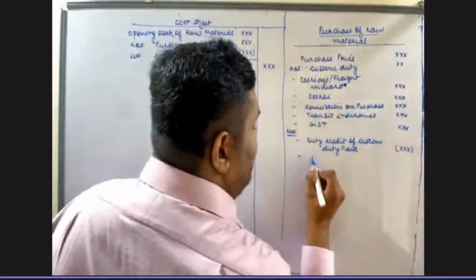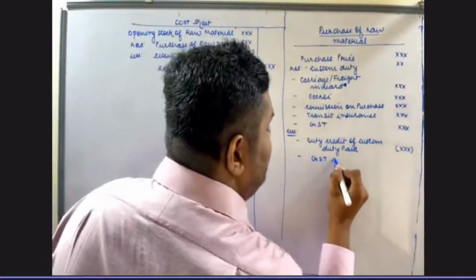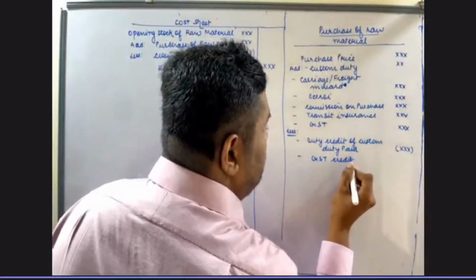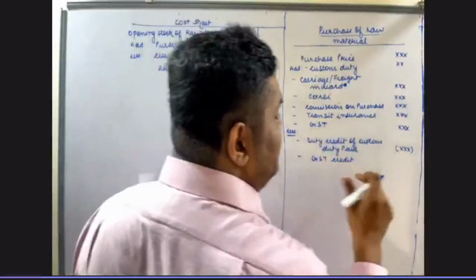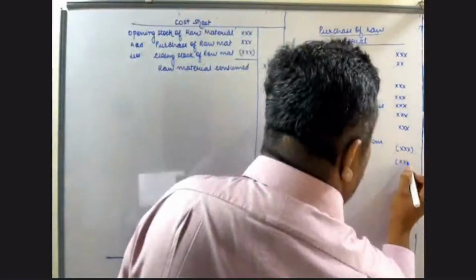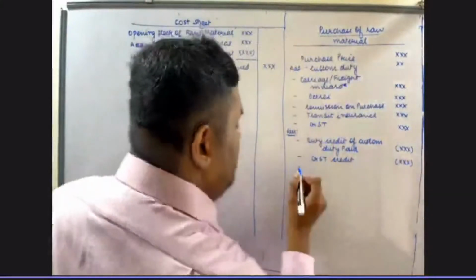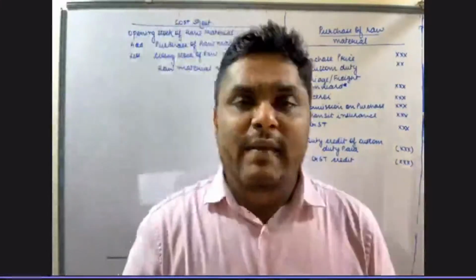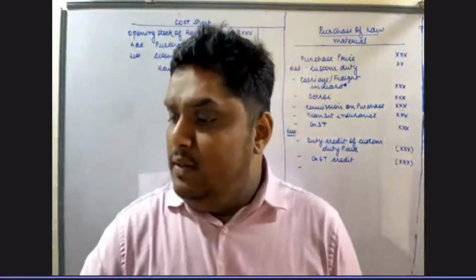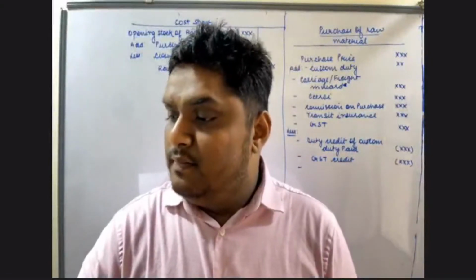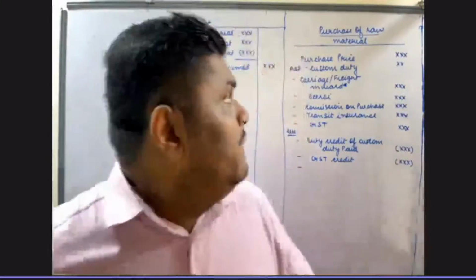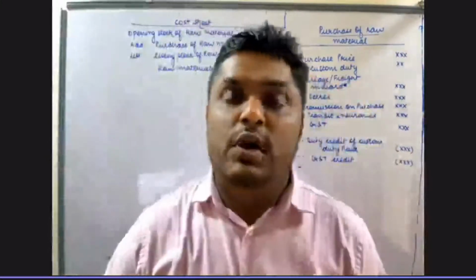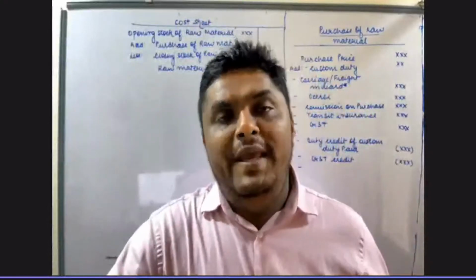Further, if we are getting any sort of GST credit back, whatever the GST paid will be added. If we are getting any GST credit back, then it will be deducted. Let's say during transit, when talking about custom duty, this is the tax on import of goods, so it will be added.